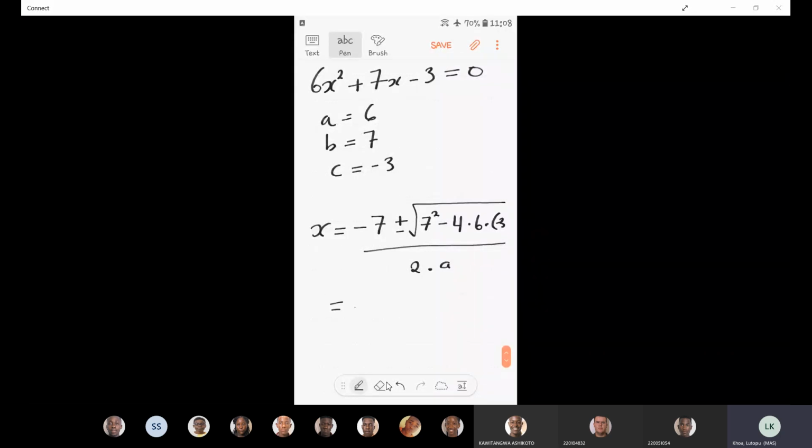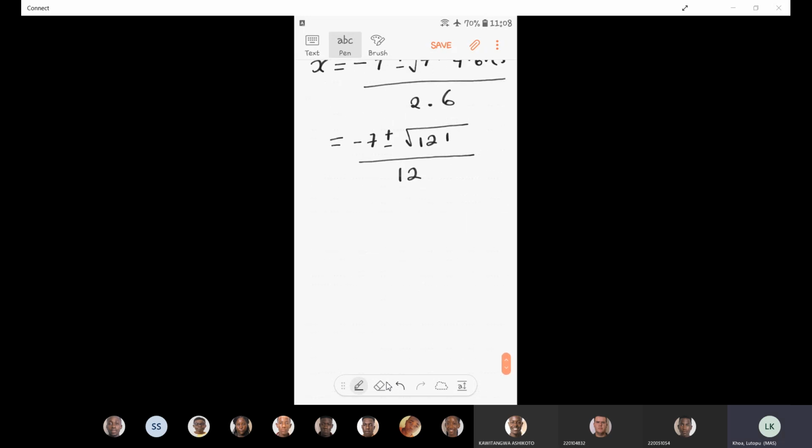So this is negative 7 plus or minus the square root of 7 squared, which is 49, minus 4 times 6 times negative 3, I get 121. So plus or minus the square root of 121, and then this is divided by 2 times 6, which is 12.